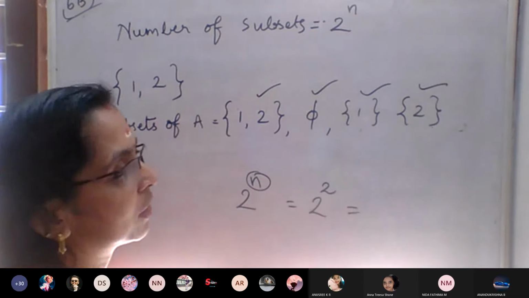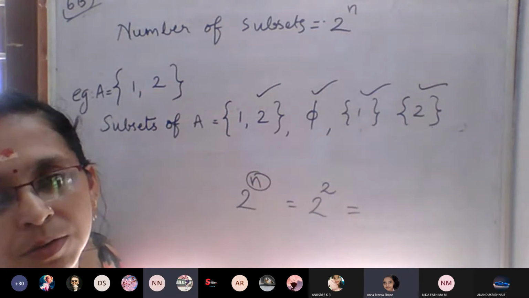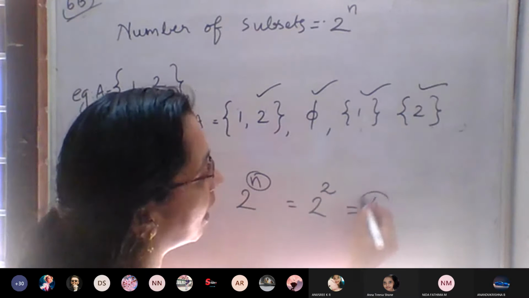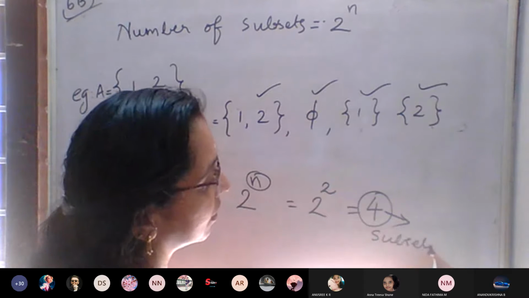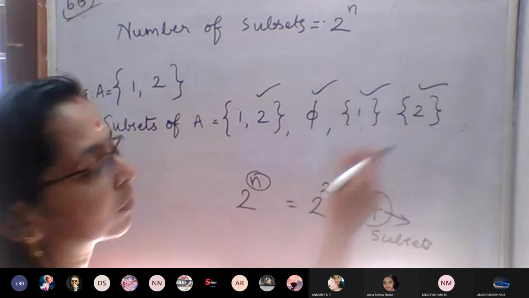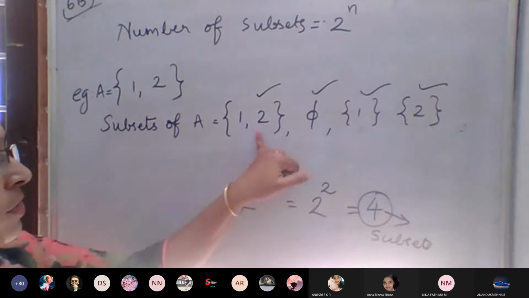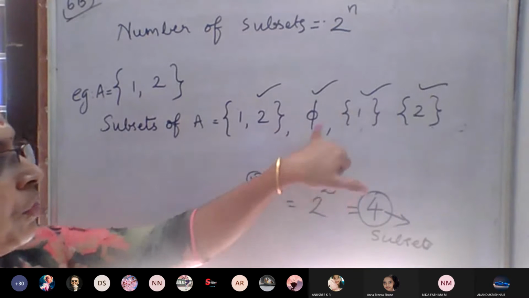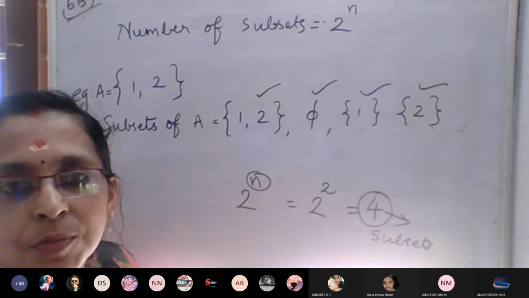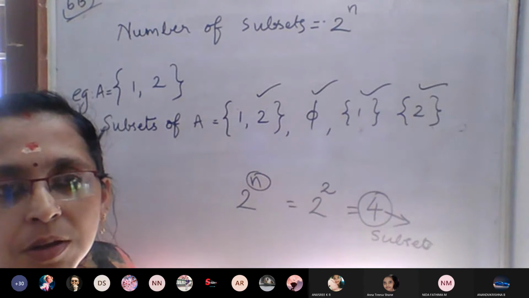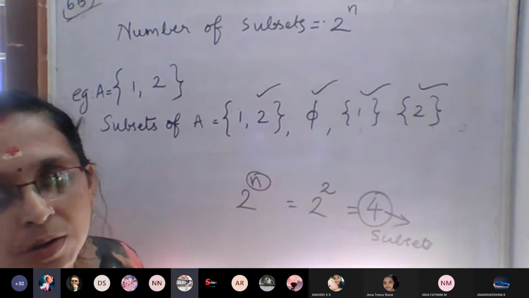So 2 squared is 4, so there will be 4 subsets. We got 4 also. Which are the 4 subsets? Null set, {1}, {2}, and {1, 2}. Understood?